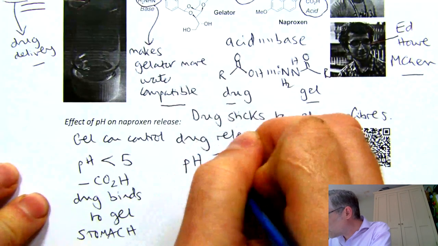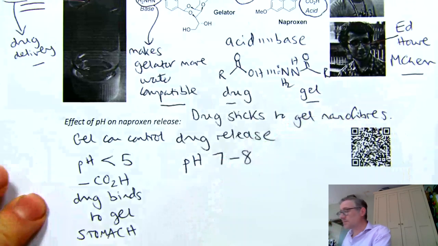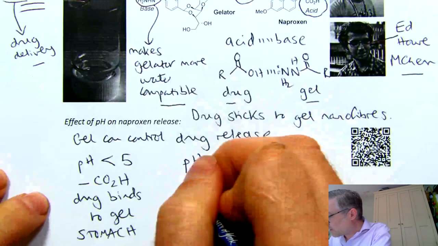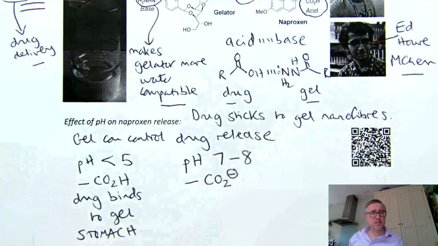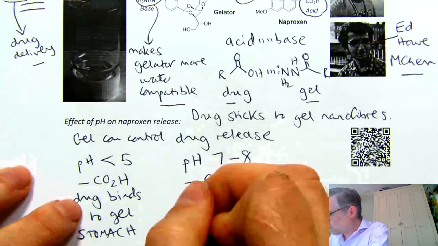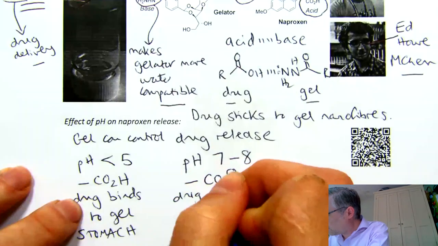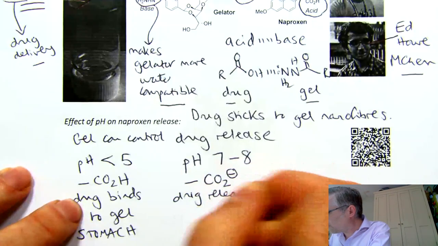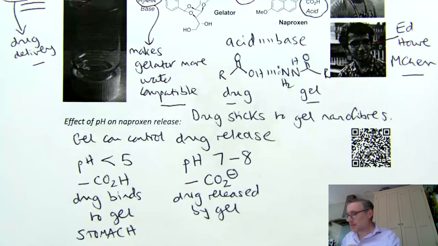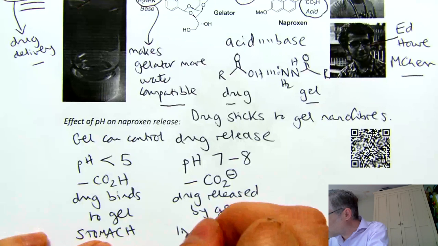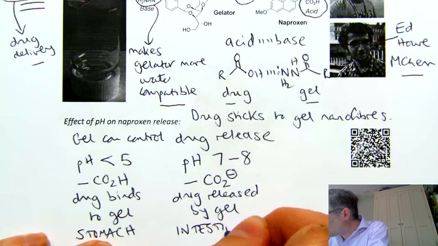If you get pH 7 to 8, then the pKa means that you have CO2 minus. The drug is released by the gel. And that pH regime, particularly slightly basic, pH 8, is what you get in the intestine.